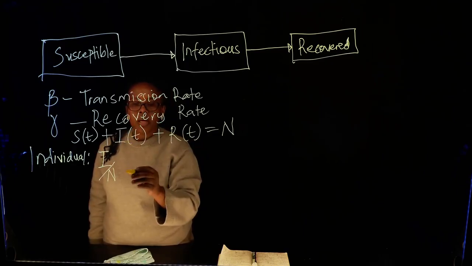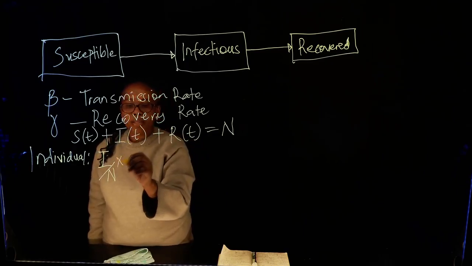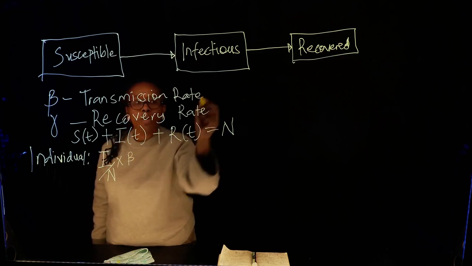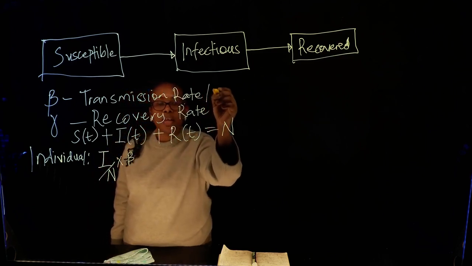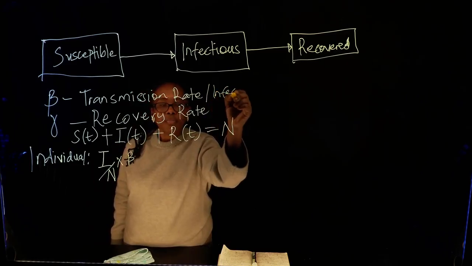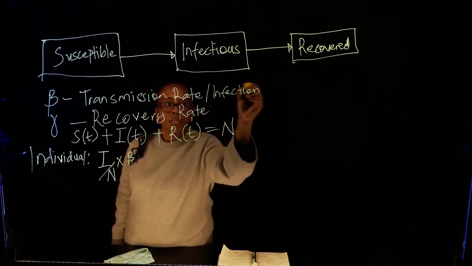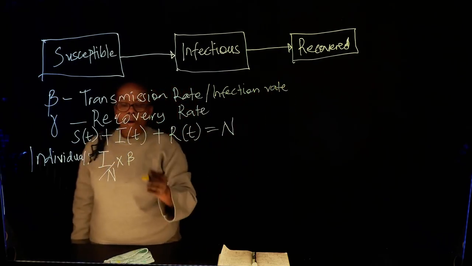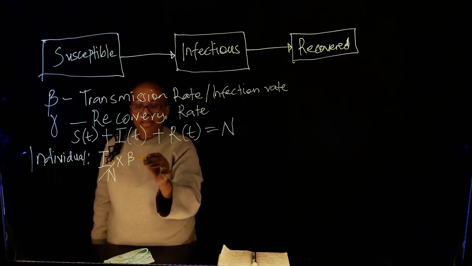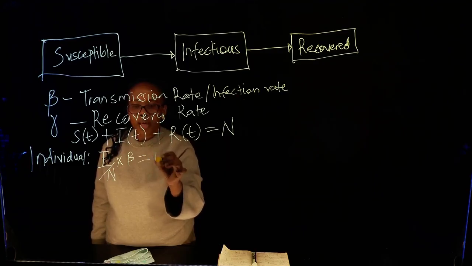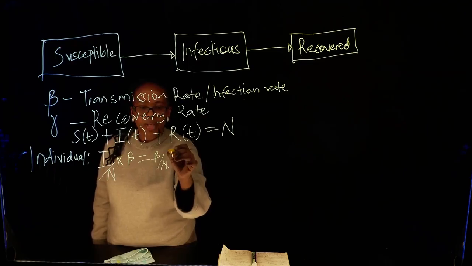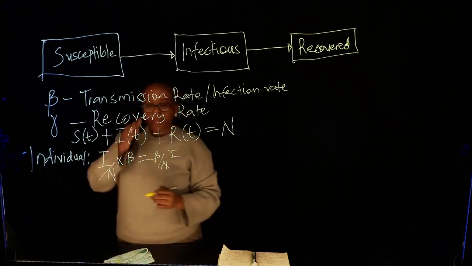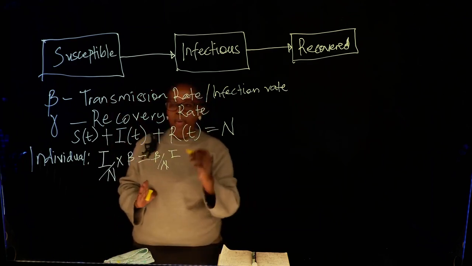So that's one times the rate of transmission, or the rate of infection. That will give us beta out of N times I. This is for an individual member of the susceptible compartment.